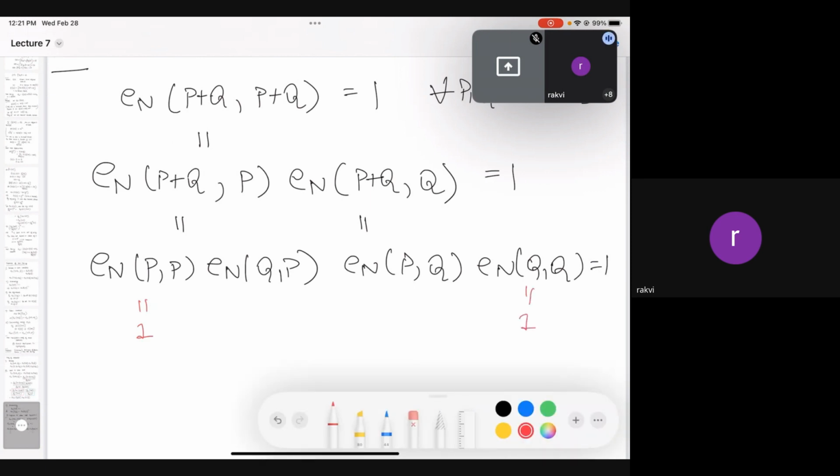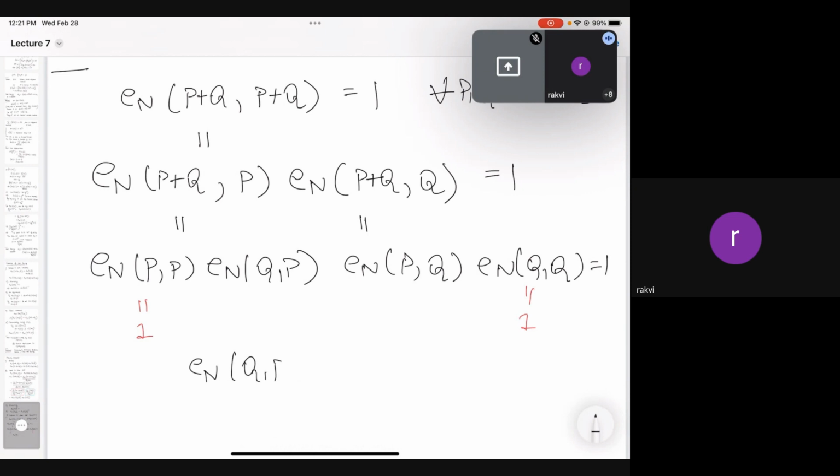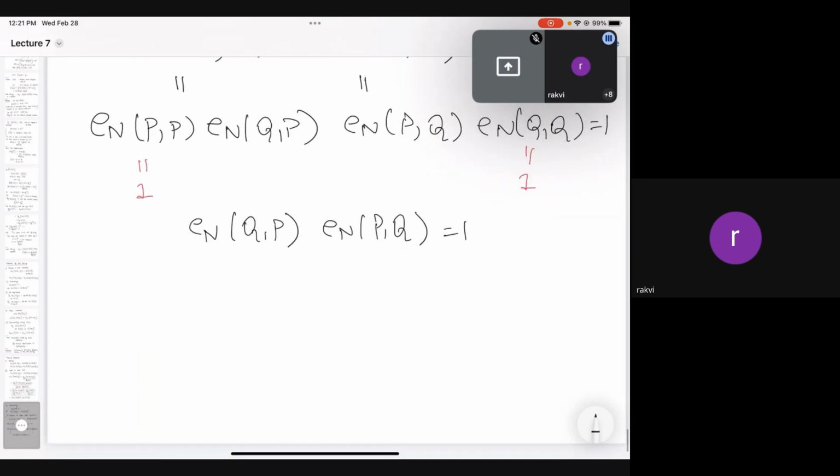So we are left with En of q comma p times En of p comma q, which is equal to 1. So that tells us that En of p comma q is basically the multiplicative inverse of this. So the second property follows from the first property.